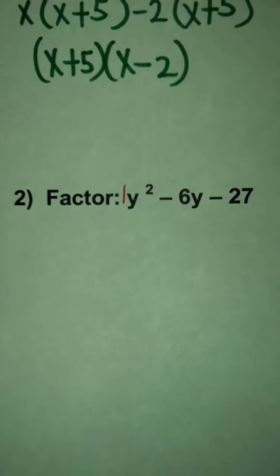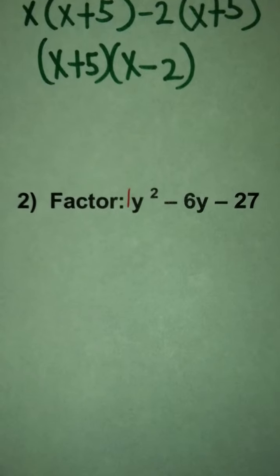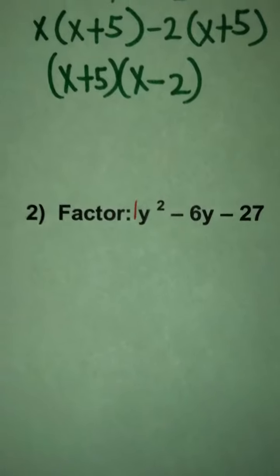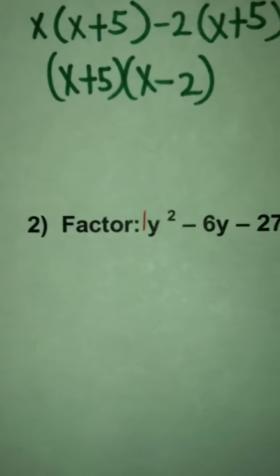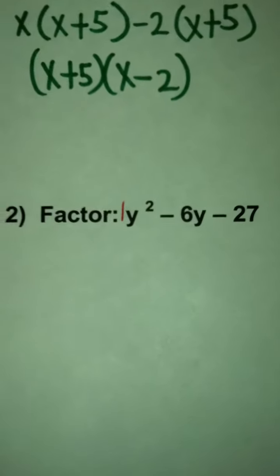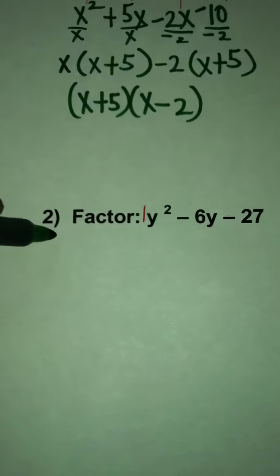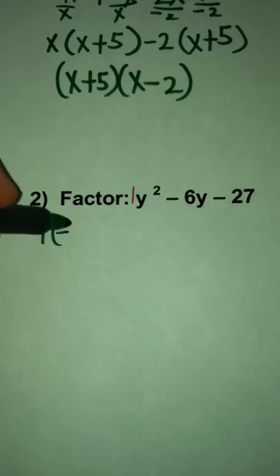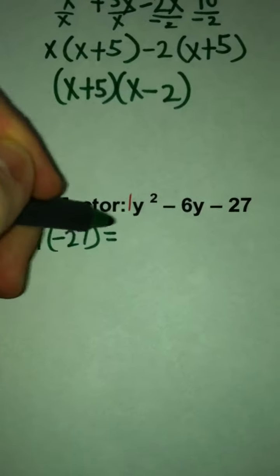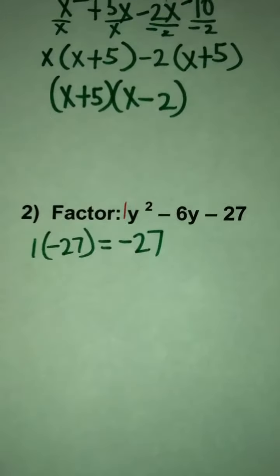Again, there is no GCF among all 3 terms, so we can start with the next step and multiply 1 times negative 27, which will still give us negative 27.